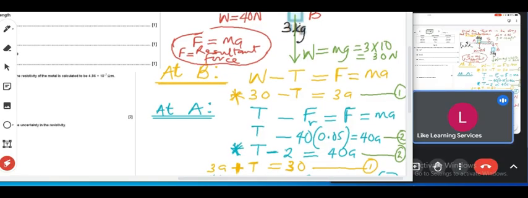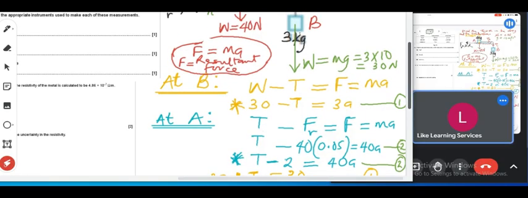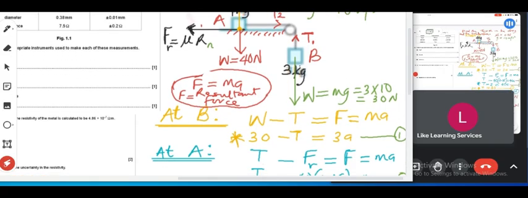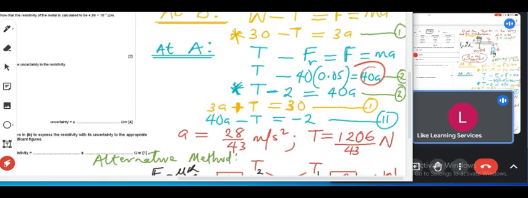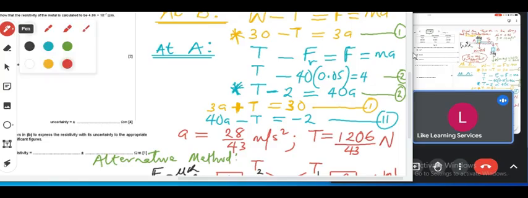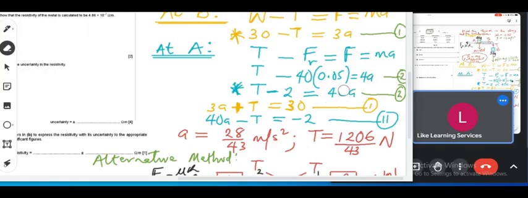This is where we made a mistake. It should be 4A and I wrote 40A. MA, I was supposed to write 4A. Right. They should always give the same thing. So this is actually 4A.